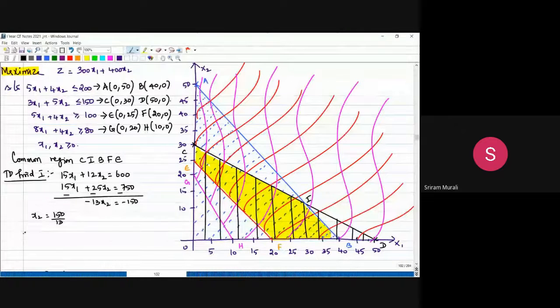If x2 is 150 by 13, what should be x1? x1 will be equal to 400 by 13. It is 5x1 plus 4 into x2 is equal to 200. This implies x1 will be 400 divided by 13. You verify whether you get it. So we found what is I. So I is 400 by 13, comma 150 by 13.